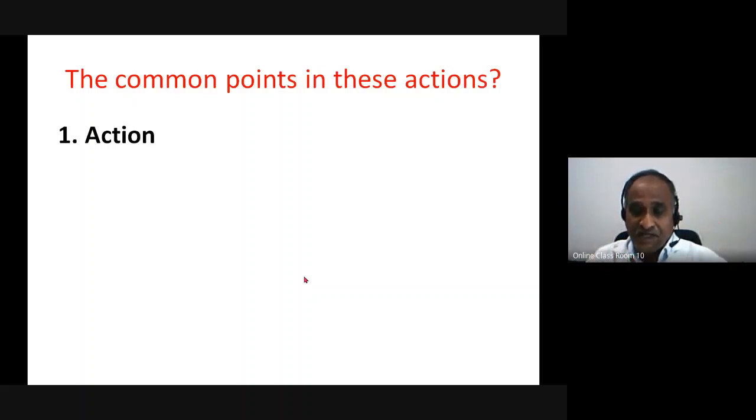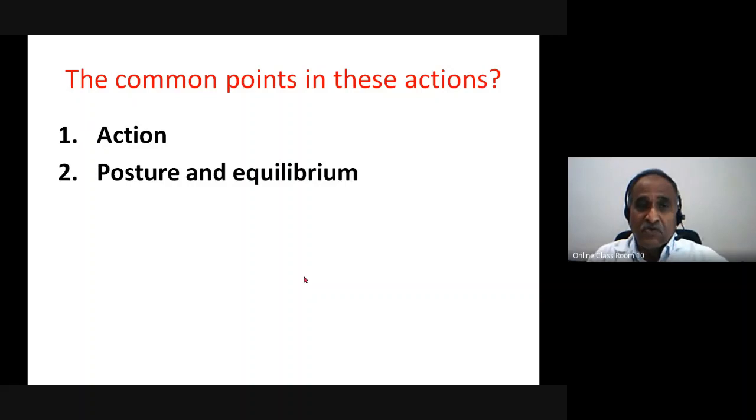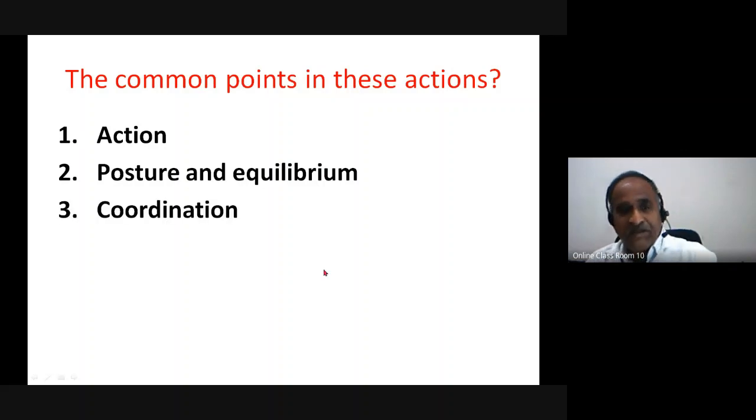Then number two, if you have seen, each of these is associated with balancing the posture and equilibrium. Maintaining the posture and equilibrium. That is number two. So it is action in the beginning, then posture and equilibrium.